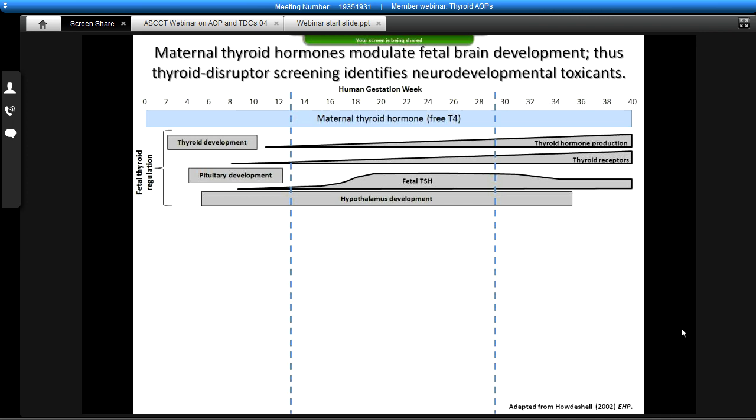In the gray bars, I've illustrated fetal thyroid regulation and fetal thyroid development. So you can see that while the thyroid itself develops early in gestation, the actual development of thyroid hormone receptors and responsivity to thyroid hormone and full thyroid hormone production doesn't really reach adequate levels until parturition.